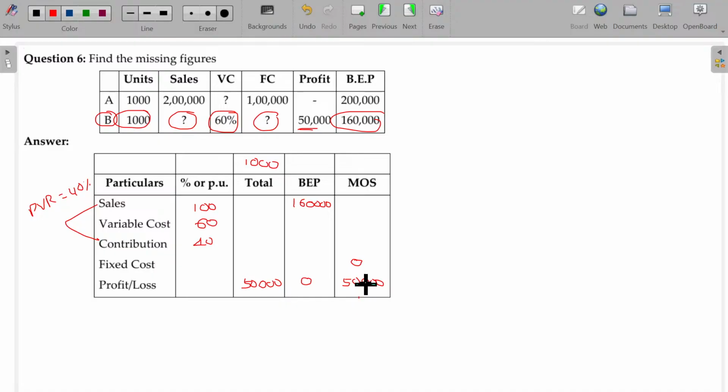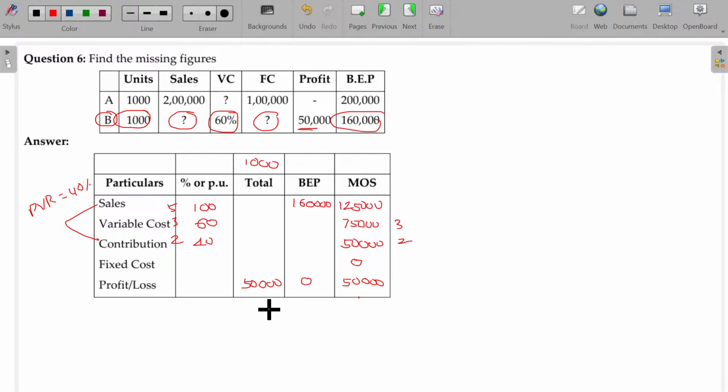The profit 50,000 rupees in MOS becomes the contribution. The relationship among the three numbers, sales, variable cost and contribution being 5, 3, 2. If the contribution being 2 share, this should be 3 share. If 2 share is 50,000, 3 share should be 75,000. And total sales at MOS is equal to variable cost plus contribution, 1,25,000.